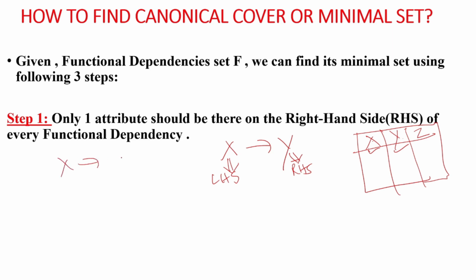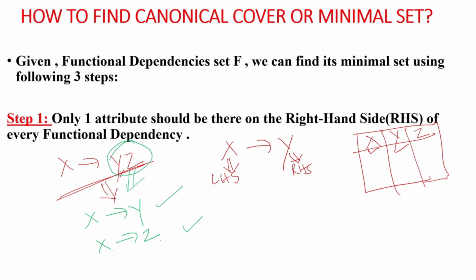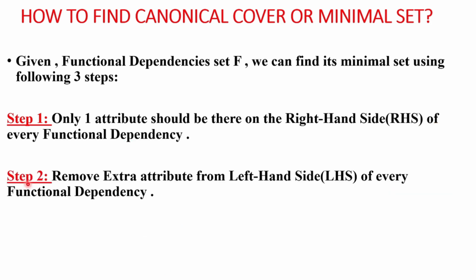Suppose the given FD is X tends to YZ, then we have to keep only one attribute on the right hand side. So we have to split this FD like this: X tends to Y and then X tends to Z. So now we have only one attribute on the right hand side of the FD. This is step 1. Then comes step 2. Remove extra attributes from the left hand side of every functional dependency.